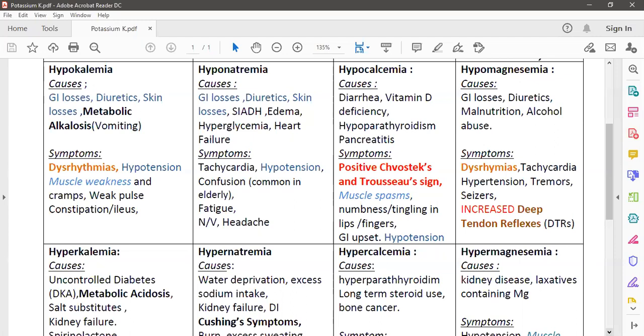So closely monitor the vital signs, and also assess the signs and symptoms. What signs and symptoms? Like hypotension, tachycardia, confusion, muscle twitching, seizure, coma, everything we have to monitor. If anything, we should notify the healthcare provider.